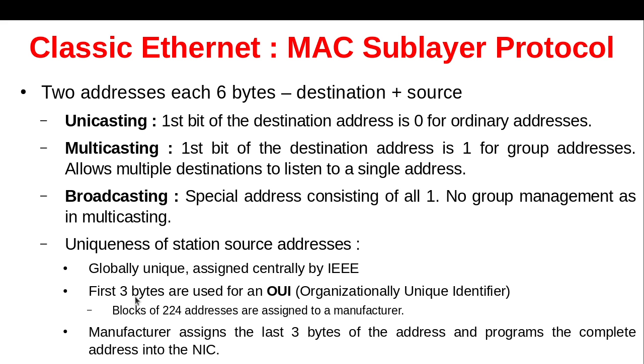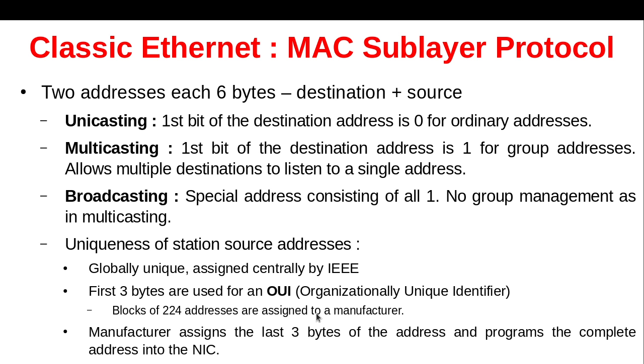Each byte has 8 bits, so 3 bytes have 24 bits. So this is 2 raised to 24, not 224. As there are 24 bits, in all 2 raised to 24 addresses are possible, and manufacturers were assigned one of those.